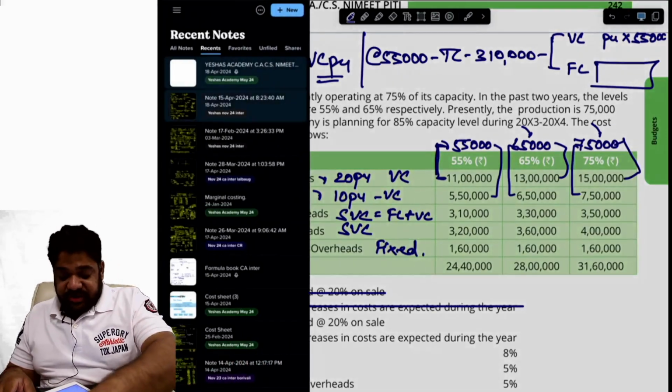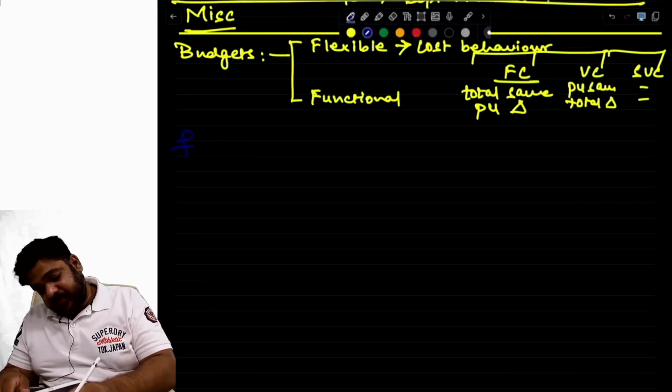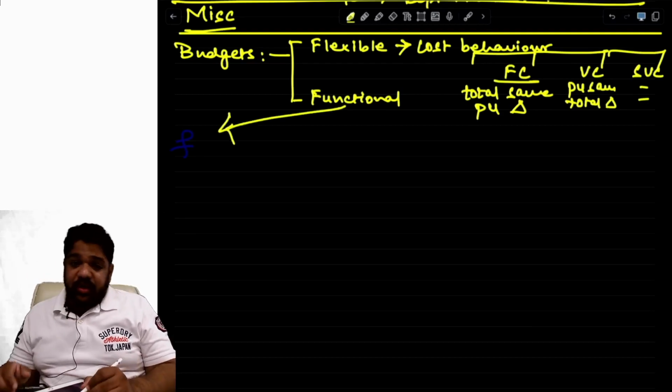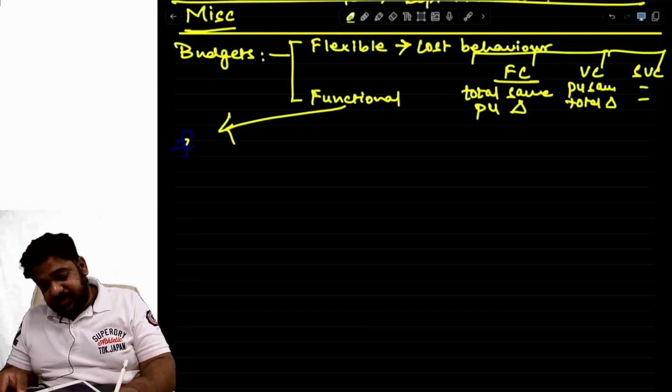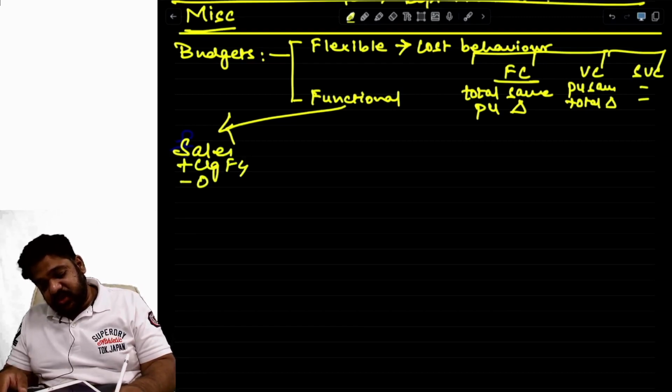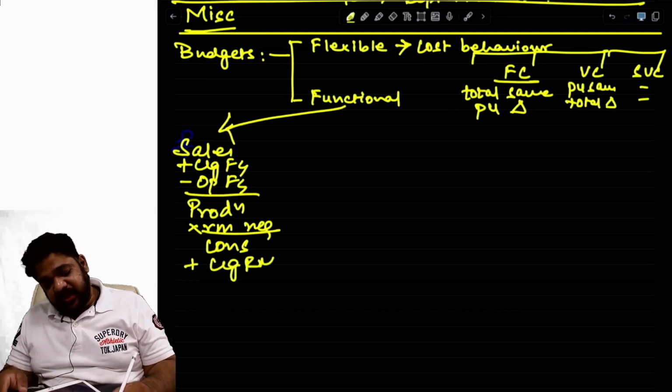Now when it comes to functional budgets, for this category you have to follow the format, the flow of functional budgets, which starts off with sales, add closing finished goods, less opening finished goods to get production, into the raw material required, will get consumption budget, add closing raw material, reduce the opening raw material to get the purchase budget.